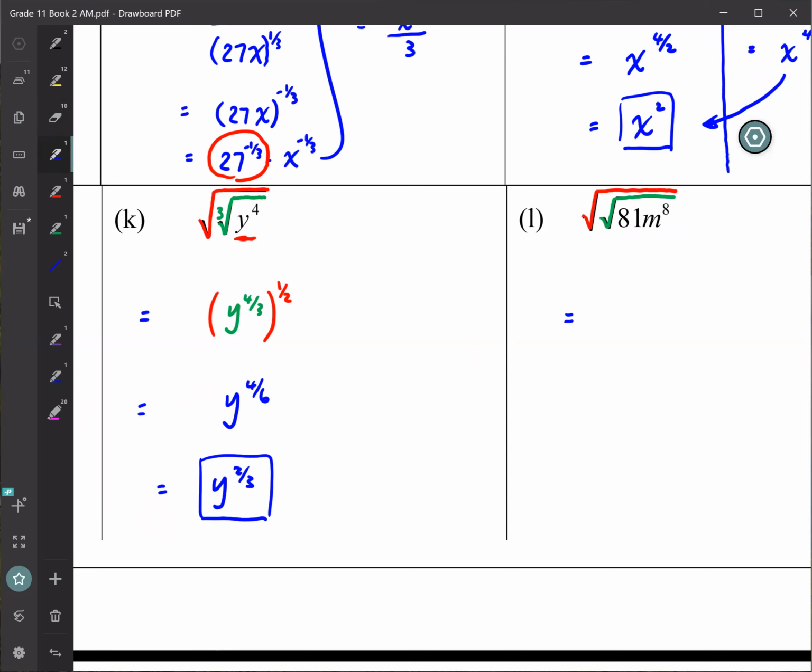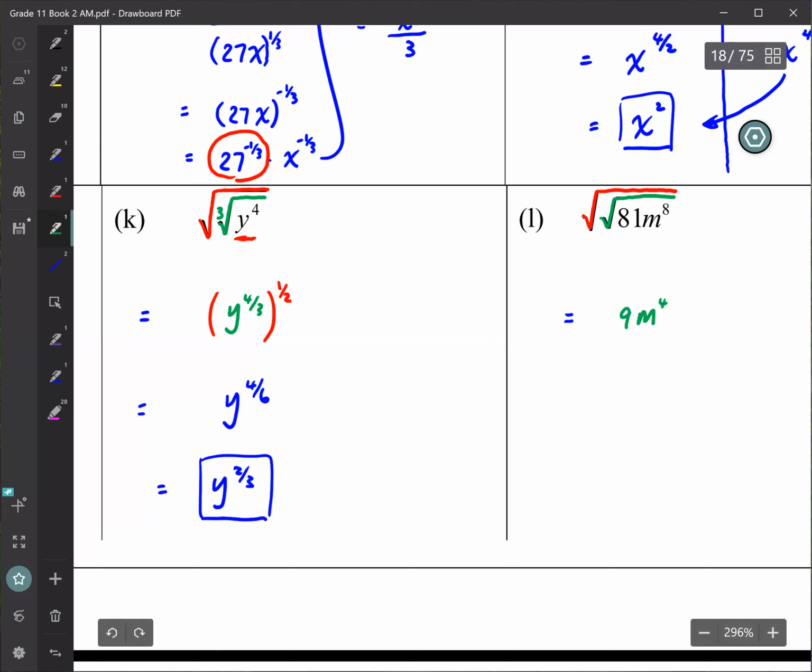Okay. How about Brendan? Give us a first step. What did you do? I took the square root of 81m to the power of 8. Okay, what would that be? 9m to the 4. Yeah.